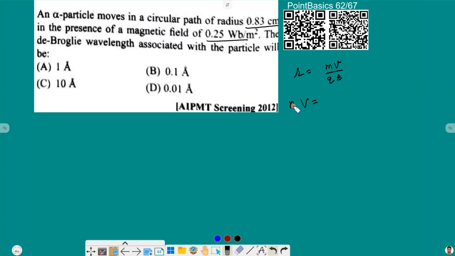to, from this relation, mv is equal to qBr, and the de Broglie wavelength, lambda, will be h by p. So h by qBr.